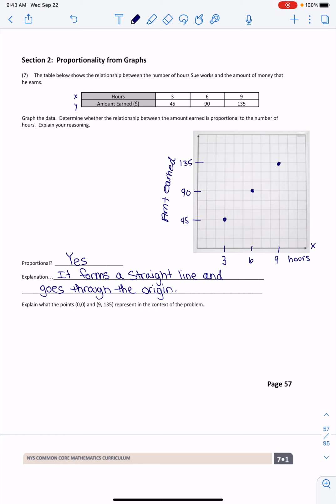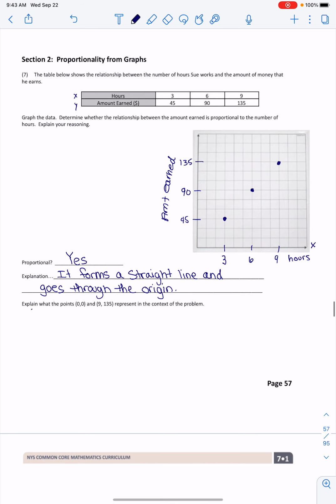It said, explain what the points (0, 0) and (9, 135) represent in the context of the problem.